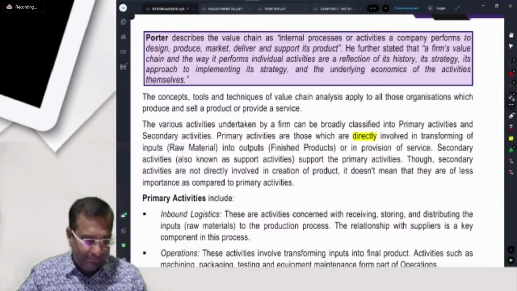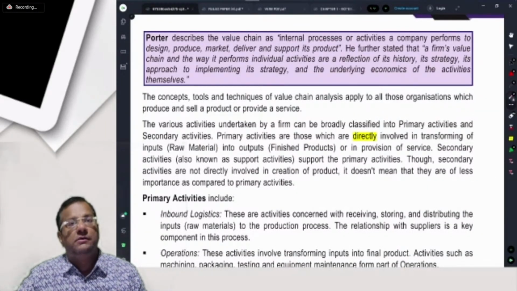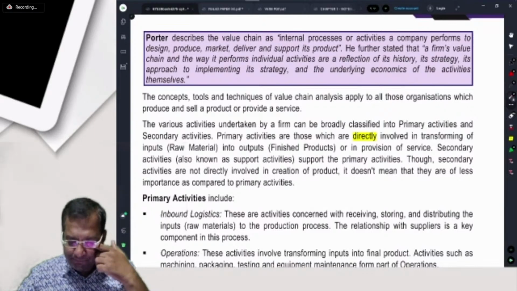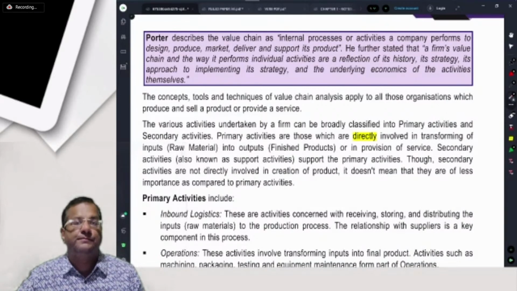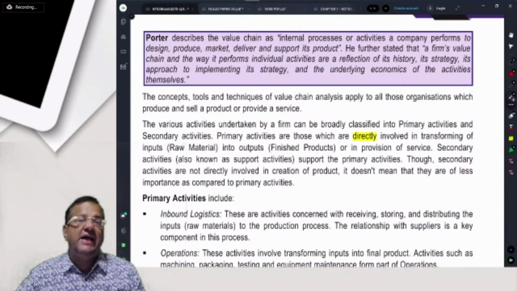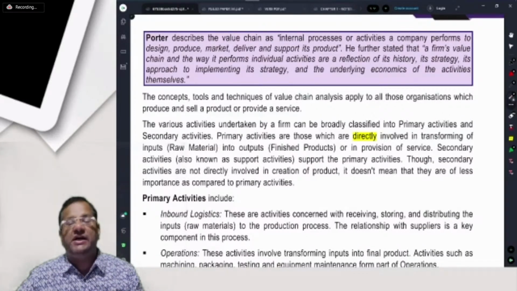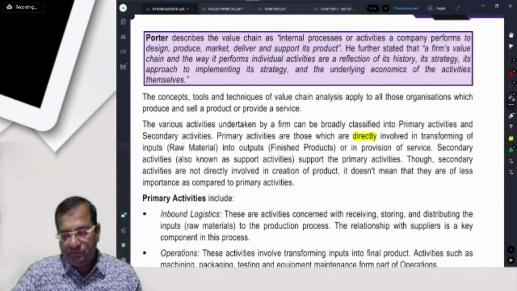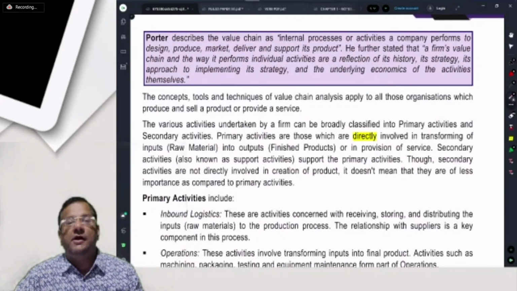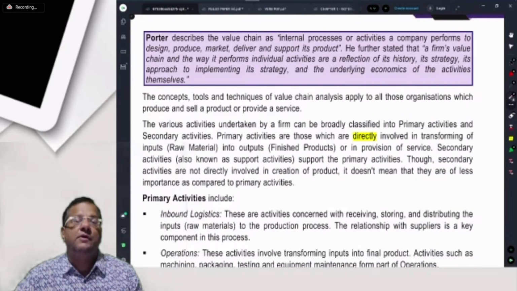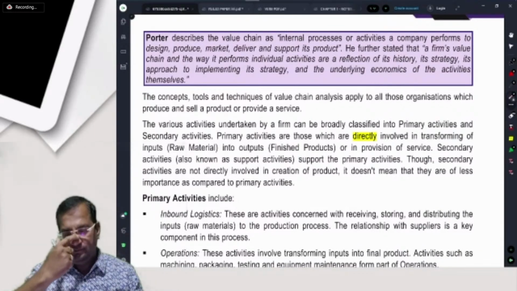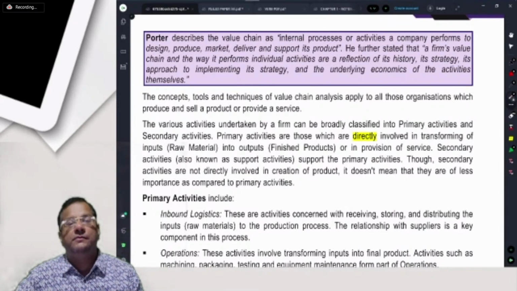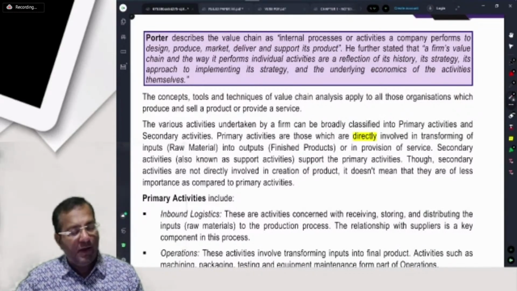Next point, meaning. Next line, write primary activities: activities that are directly involved in converting input into output.